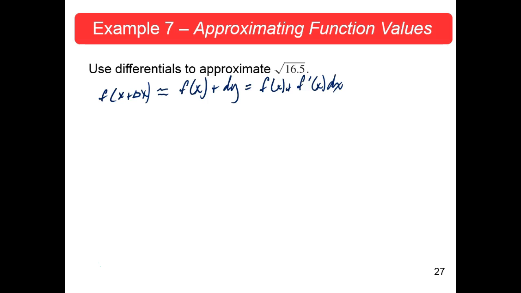I guess there is a reason to write it all that way. But what they're getting at is let's approximate this thing by that. Now, in this problem, what is your f function? What is f?